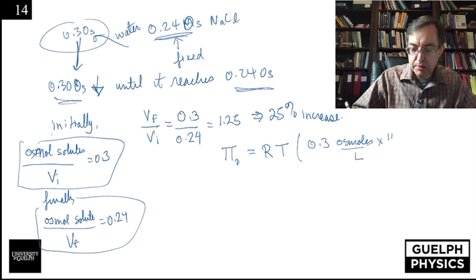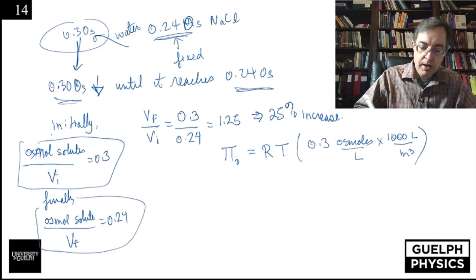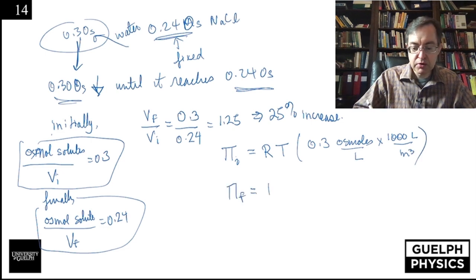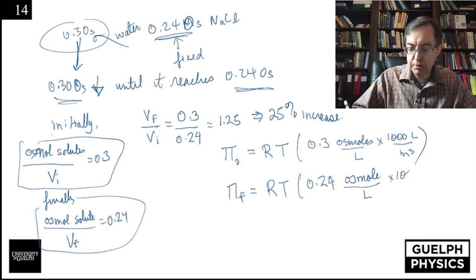And you can multiply by 1,000 liters per cubic meter if you like. And then the final osmotic pressure is given by R times T. That doesn't change, but you have a final concentration of solute, because your volume has gone up, of 0.24 osmoles per liter. Again, multiplying by 1,000 liters per cubic meter.